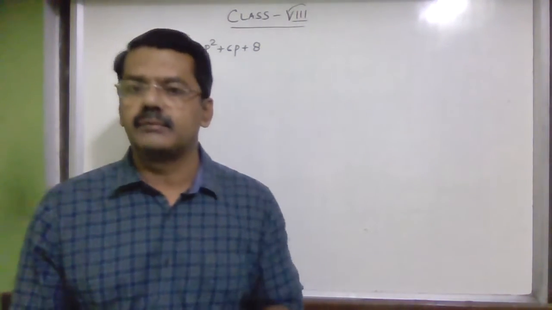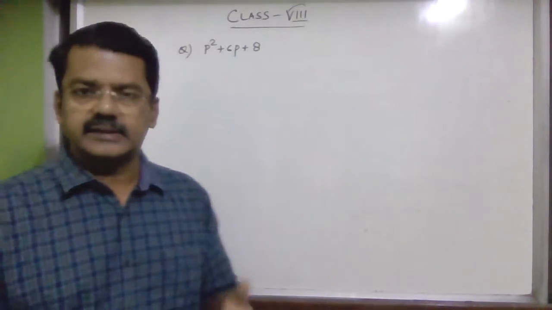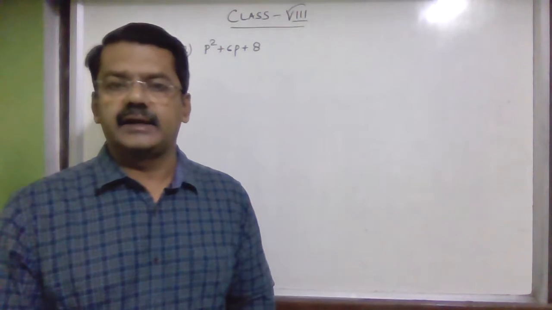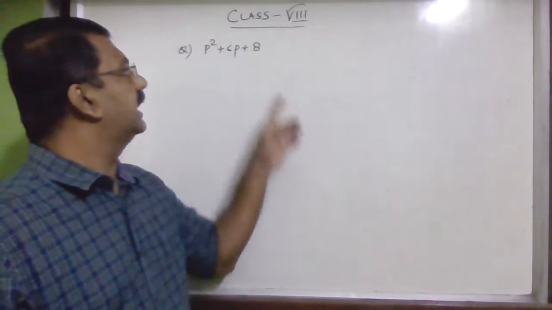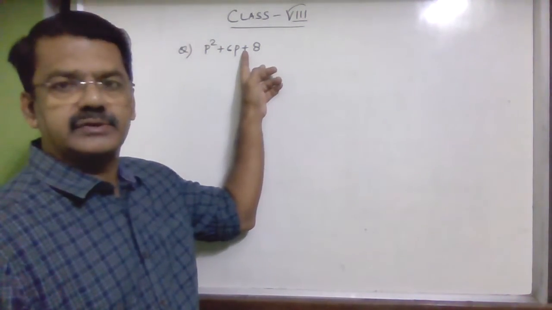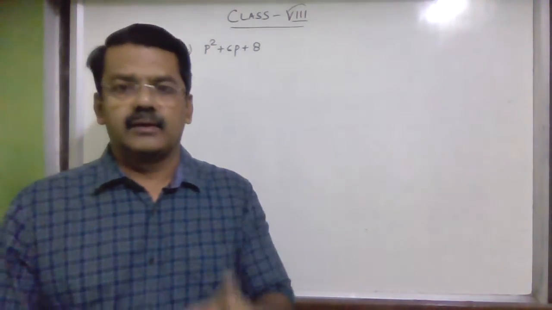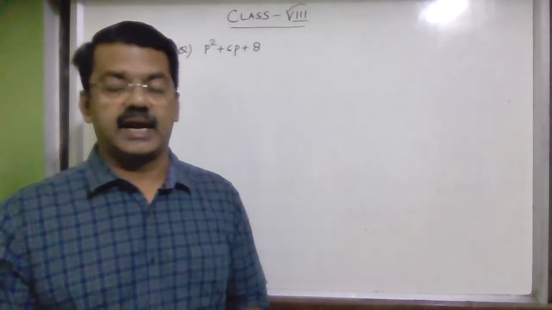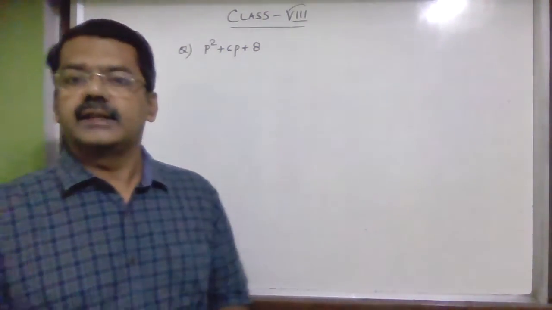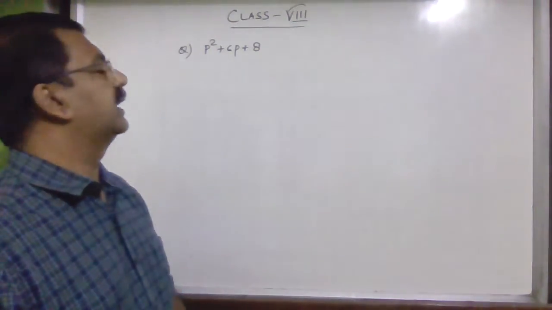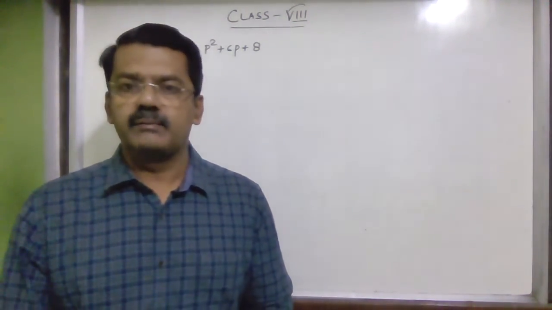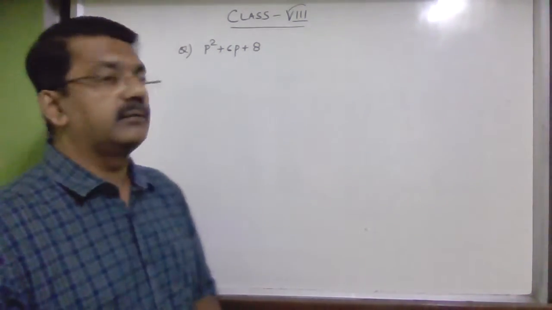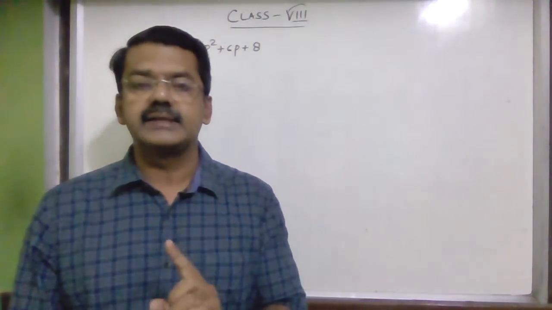You have to think of two numbers such that when they are multiplied we get 8, and when they are added. Why are they added? Because when there is a positive sign over here, the two numbers added should be equal to 6. And suppose there is a negative sign over here, then we have to find two numbers which when multiplied give 8, but when they are subtracted, that is the difference.